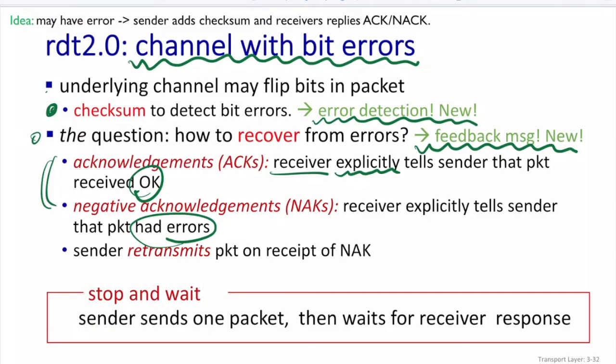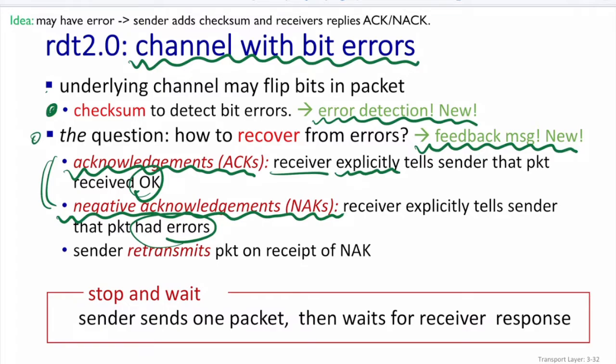So the message sent from the receiver is not simply a received packet. The receiver needs to send an acknowledgement packet back to the sender and tell the sender that the packet is okay, so we send an acknowledgement, or we use the word ACK. Or if the receiver encounters a bit error, the receiver will explicitly tell the sender that the packet had errors, so the message will be NAK, negative acknowledgement.